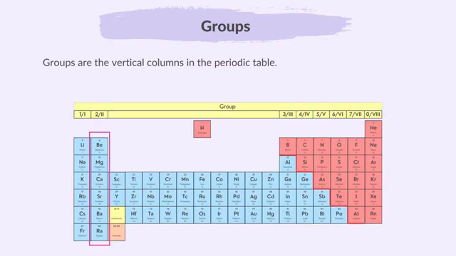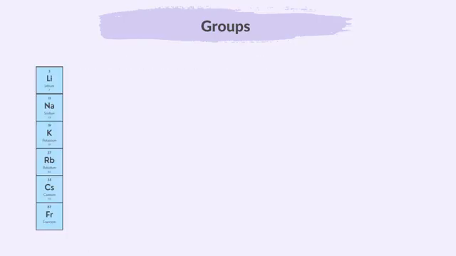Groups are the vertical columns in the periodic table. Groups show how many outer electrons each atom has. Let's take lithium for example. Its atomic number is 3, so its electron configuration is 2, 1. Since there is 1 electron in its outer shell, we know that lithium belongs to group 1.